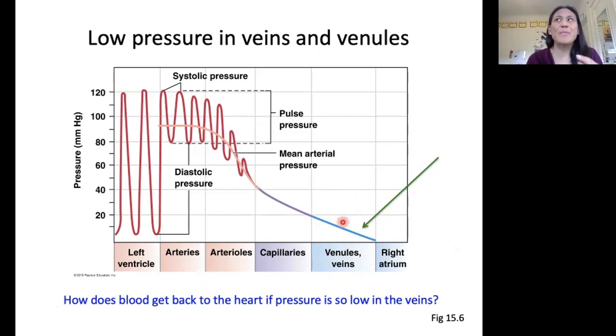So remember from our discussion of pressure and flow that you need a pressure difference in order for blood to flow. You need that blood to go from high pressure to low pressure. If this pressure is not very high, and if it's not very much higher than the pressure in the heart, then how do you get that blood back to the heart?